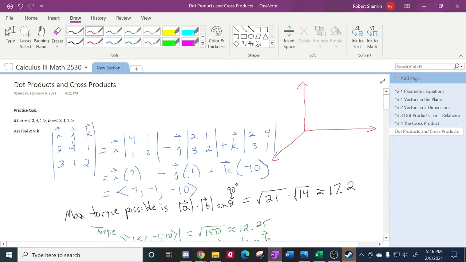So here's my X, Y, Z. I go 2 in X, 4 in the y, and then 1 up.